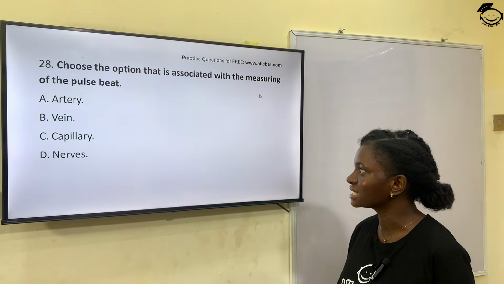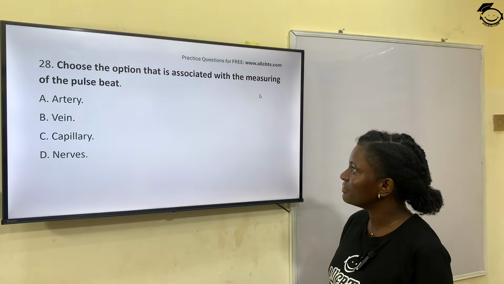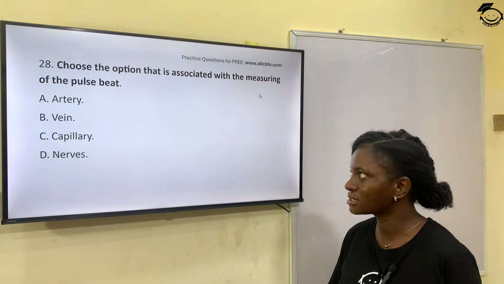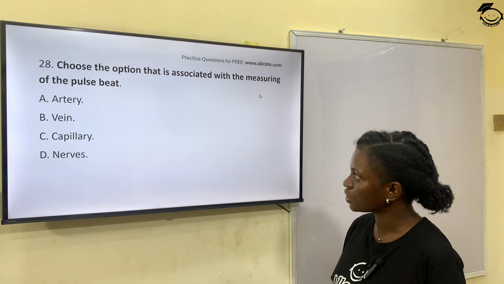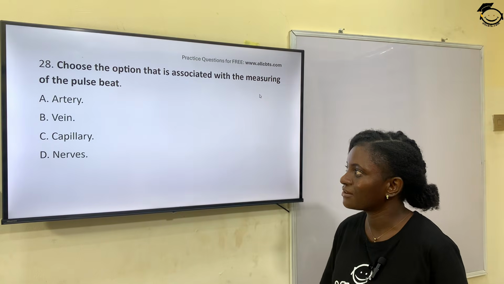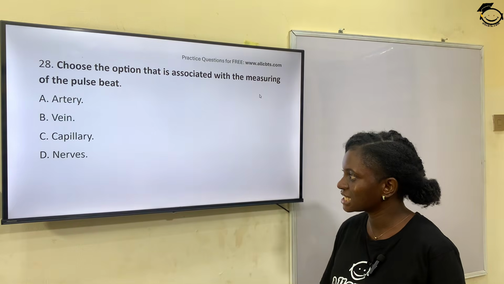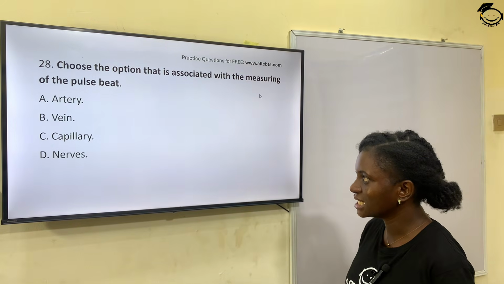Question 28. Choose the option that is associated with the measuring of the pulse beats. So which of these options is associated with measuring pulse beats? So we have A, artery, B, vein, C, capillary, D, nerves.